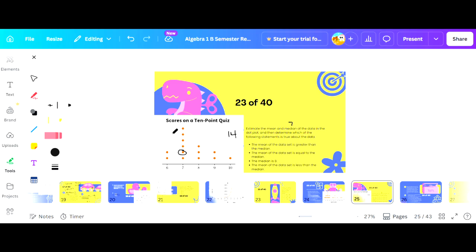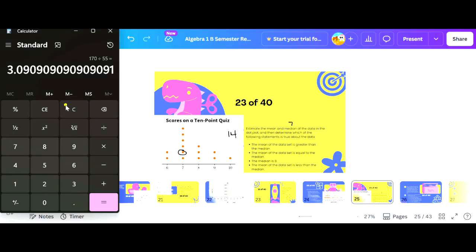And the mean is going to be 14, something divided by 14. I can remember this, I swear I can. Yeah, I totally wouldn't have remembered that. I'm so dumb.